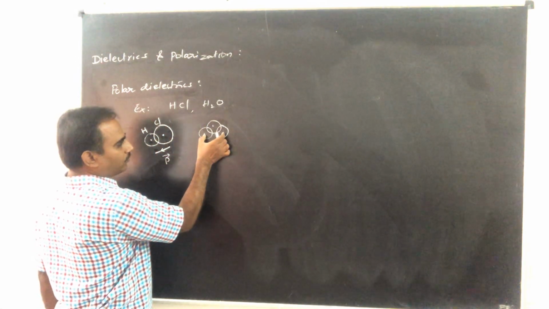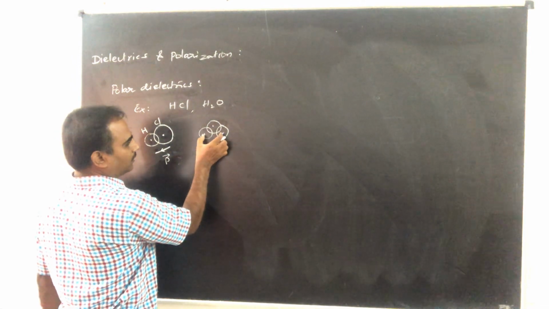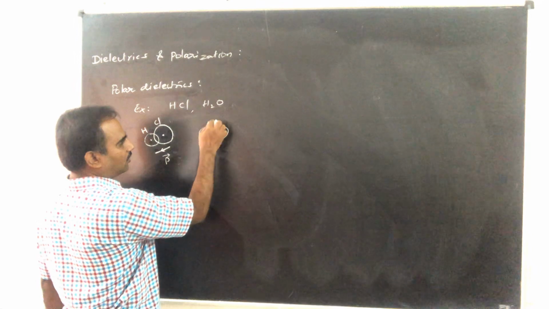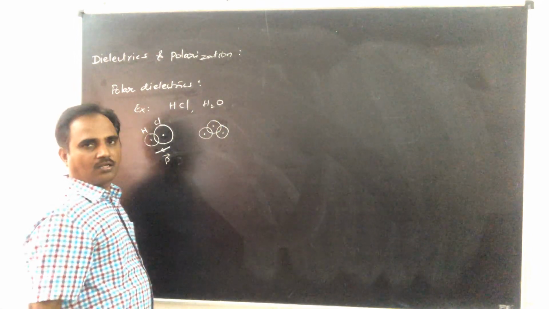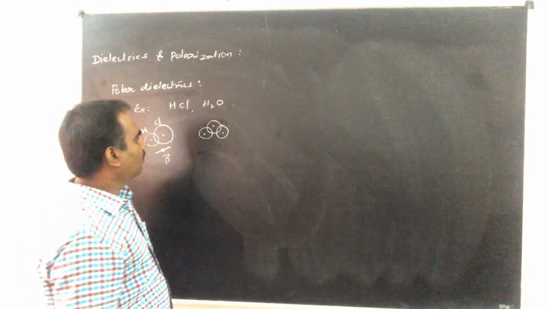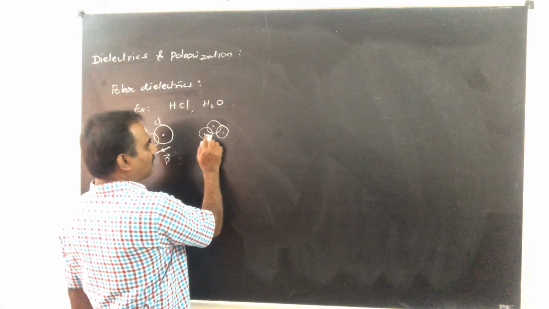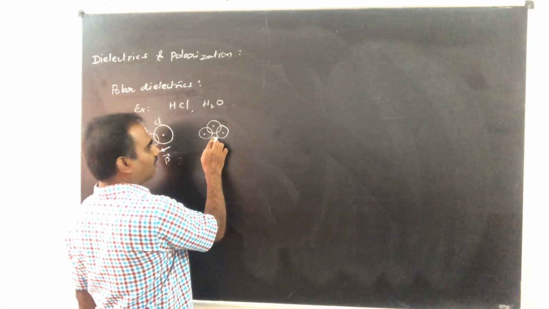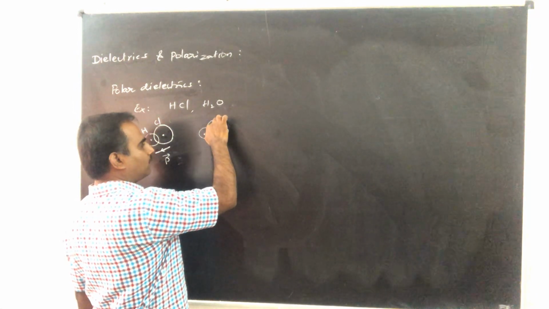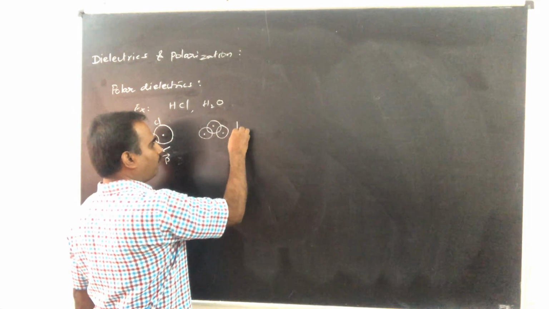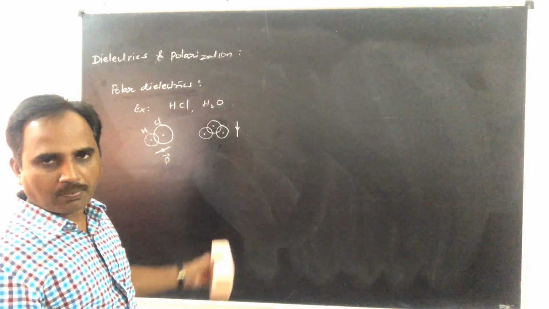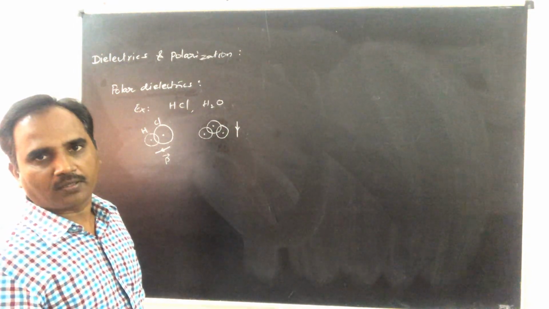The centers of positive charge, that means the centers of these two hydrogen atoms' positive charges, do not coincide with the center of negative charge. Therefore, the center of positive charge of these two hydrogen atoms lies somewhere here, and this is the oxygen atom. So the dipole moment will be like this.